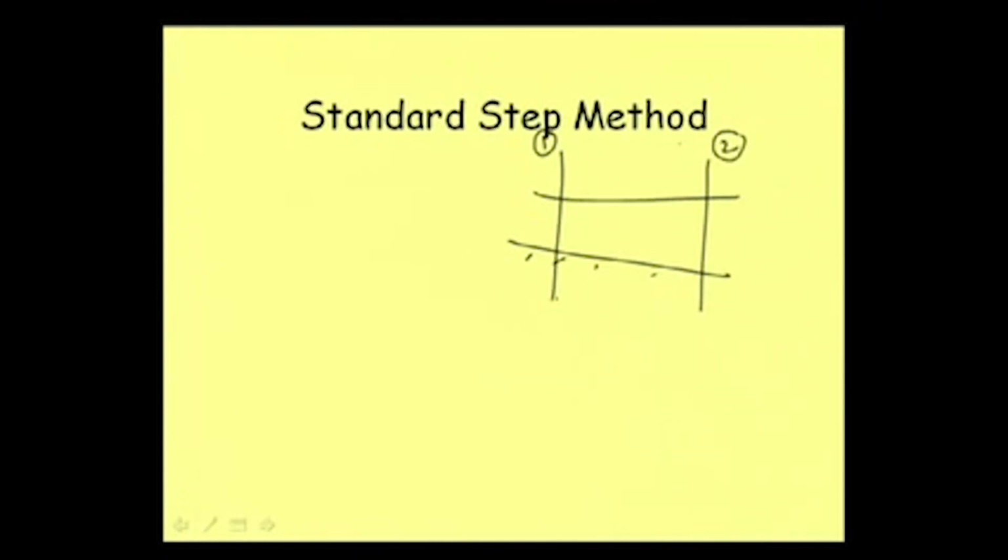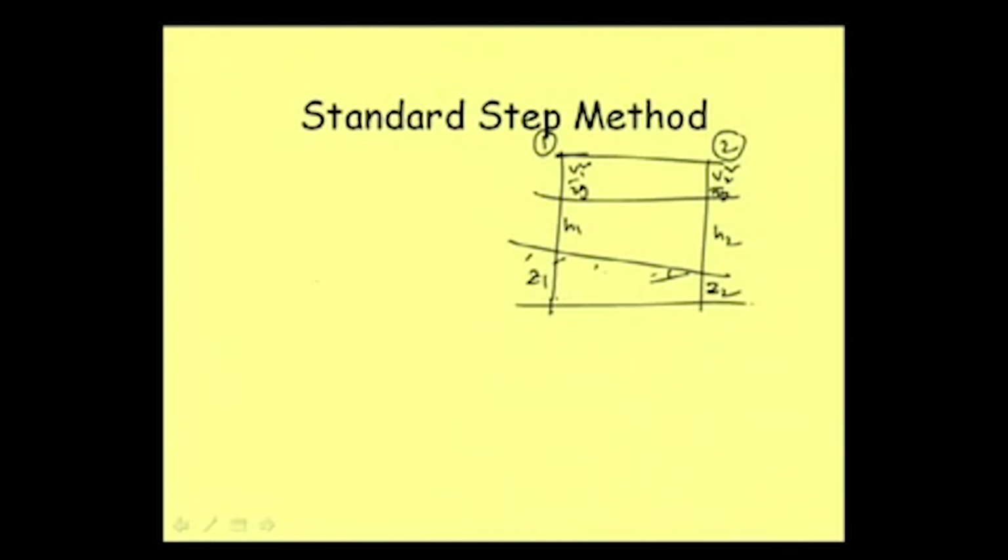Here we have Z1, Z2, H1, H2, and then V1 square by twice g, V2 square by twice g. We then have the energy gradient line and the bed slope, and then there are definitely some losses in between.